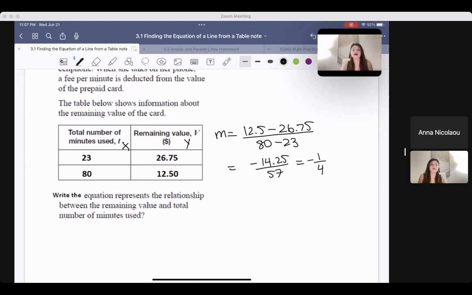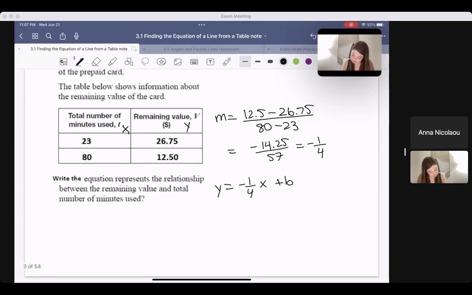Now, what about our y-intercept, b? Let's figure that out. We know that y equals mx plus b, which in this case is negative a quarter x plus b. Okay? So the next part here is going to be 26.75 for y, and I'm going to use 23 for x. Now, again, it doesn't matter which one of these points you use whatsoever.